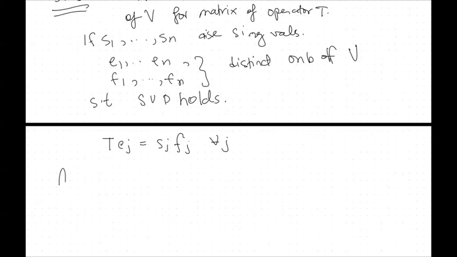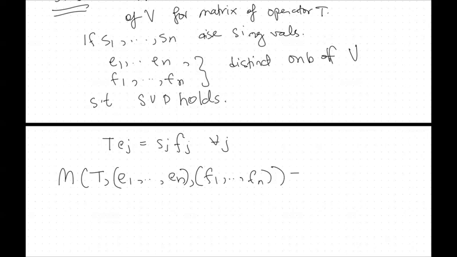We have the matrix of our linear map with respect to e1 to en, our first basis, and then f1 to fn, our second basis. This is just equal to the diagonal matrix composed of the singular values and zero elsewhere.